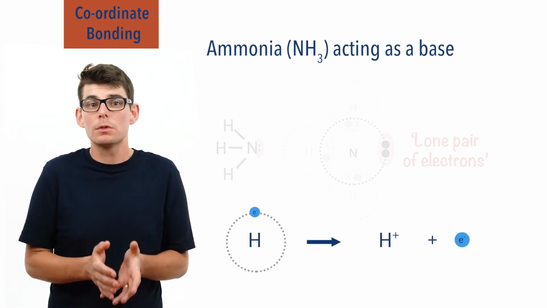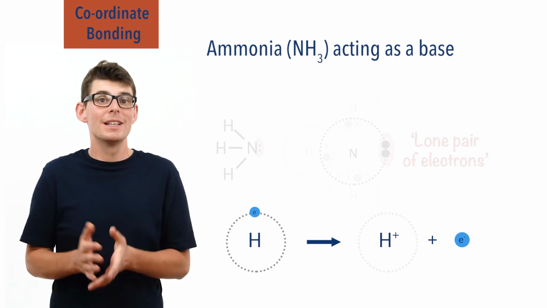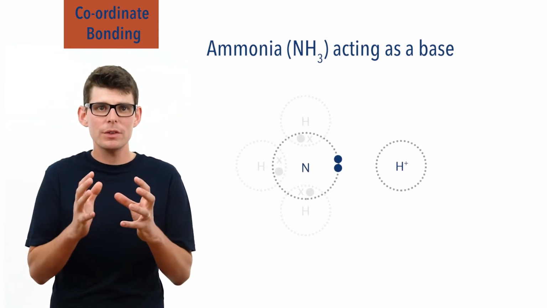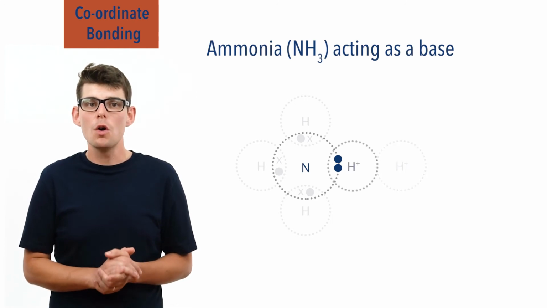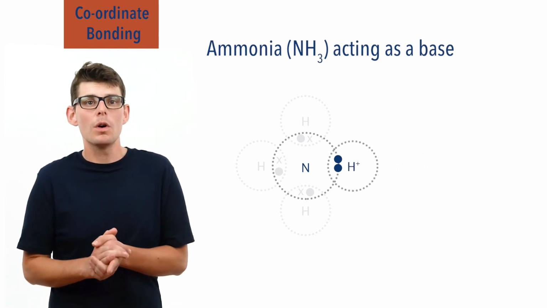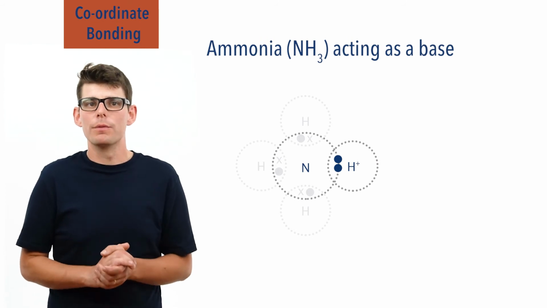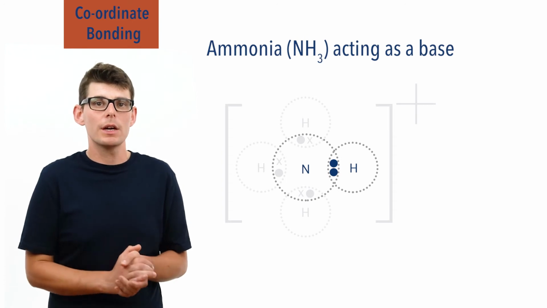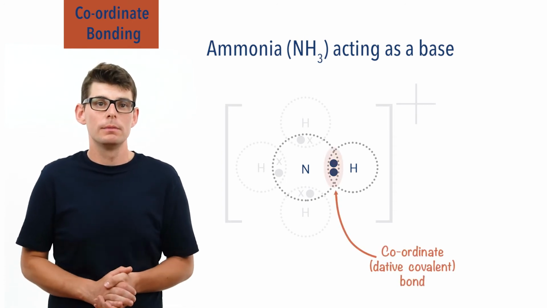The 1s orbital is still there around the hydrogen ion, it is just unfilled, empty. When a hydrogen ion comes near the nitrogen in an ammonia molecule, the full lone pair orbital overlaps with the empty 1s orbital on the hydrogen ion. The pair of electrons from the lone pair from nitrogen are now shared between the hydrogen and the nitrogen, creating a coordinate dative covalent bond.